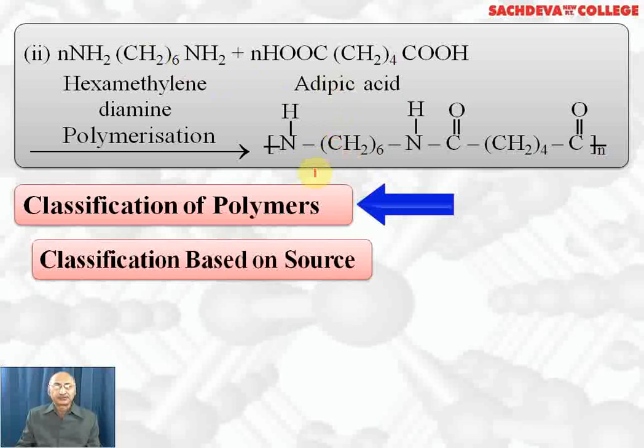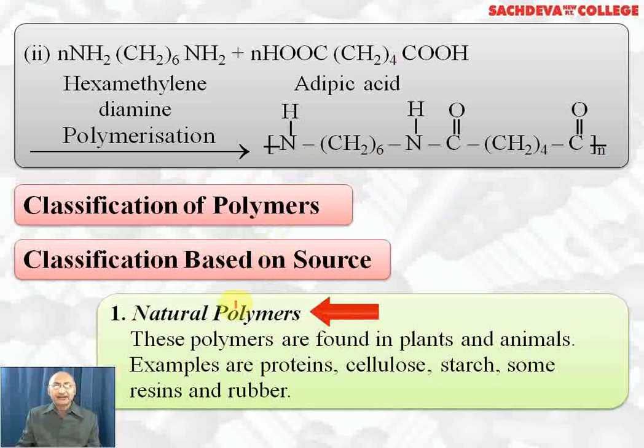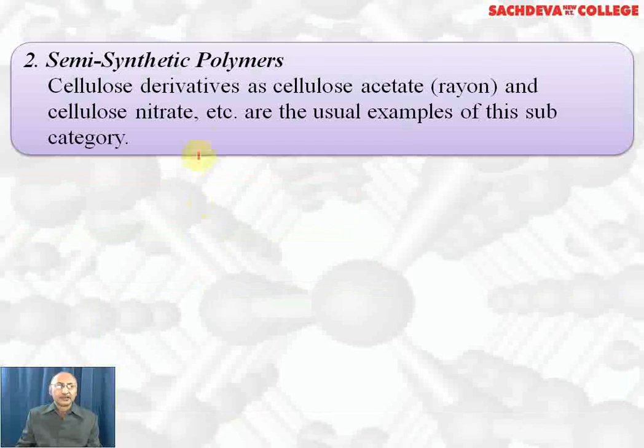Classification of polymers. Classification based on source. First is natural polymers. These polymers are found in plants and animals, that is, natural sources. For example, proteins, cellulose, starch, some resins and natural rubber are examples of natural polymers. And protein, cellulose, starch are also called biopolymers.